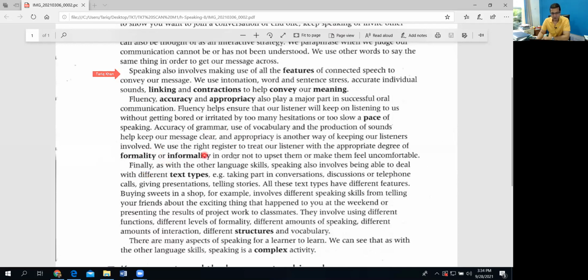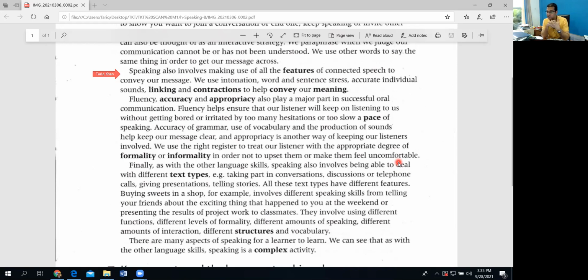Right. We use the right register to treat our listener with an appropriate degree of formality or informality in order not to upset them or make them feel uncomfortable. So when a situation is there, you are using very formal language, where you're supposed to be easy and relaxed, where a relaxed kind of conversation should go on.